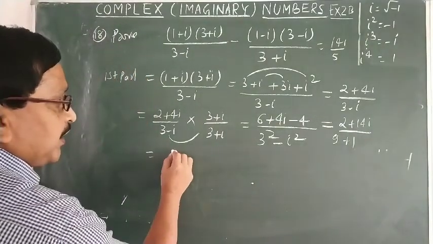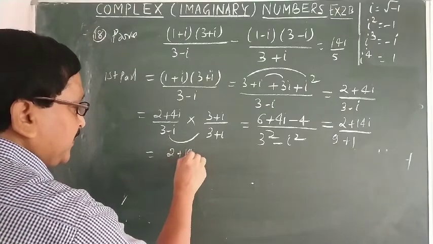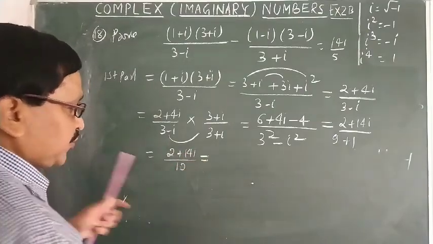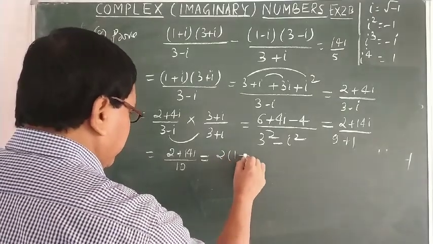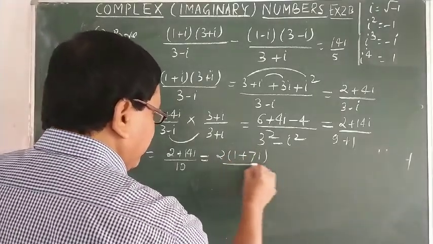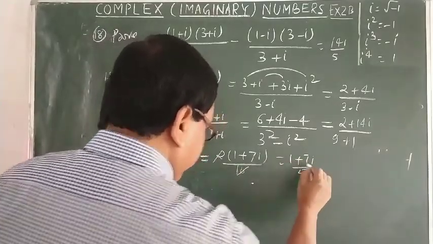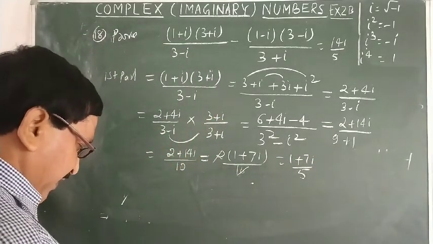So this is 2 + 14i by 10. So I am taking 2 common. So this is 1 + 7i by 5.